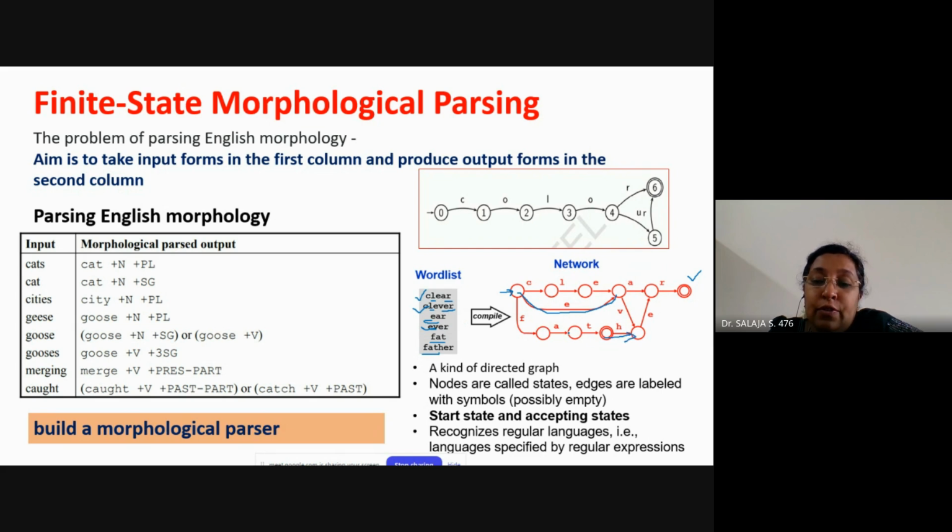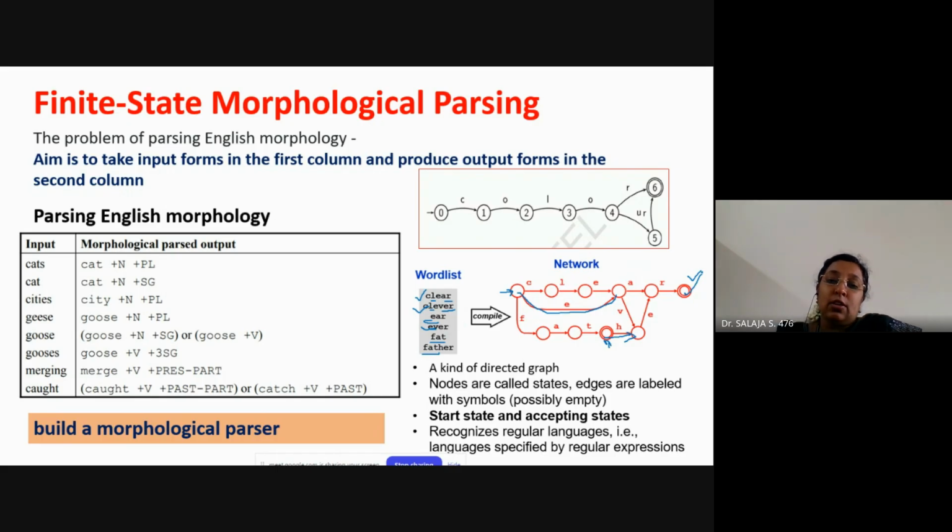So if I have FAT, I'll stop here and say that the word is accepted, and the word that has been read is fat. But if I read father, I'll say FATHER, and you end up over here, and say that father has been accepted or generated.